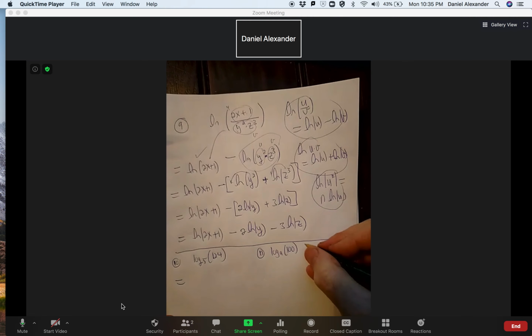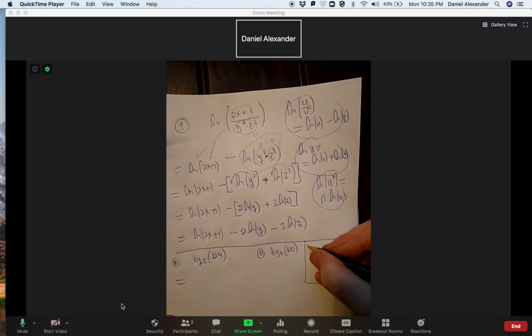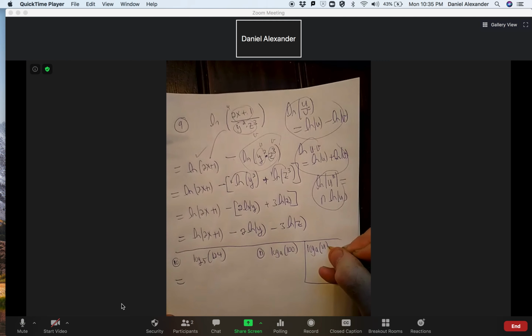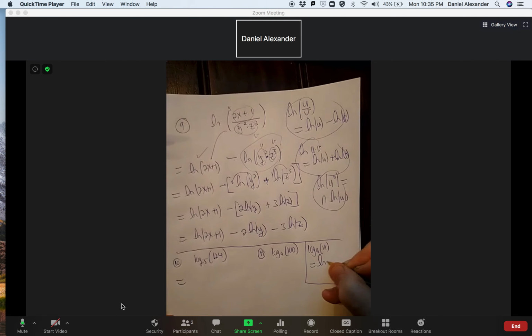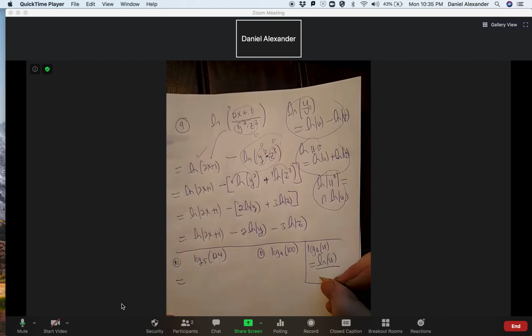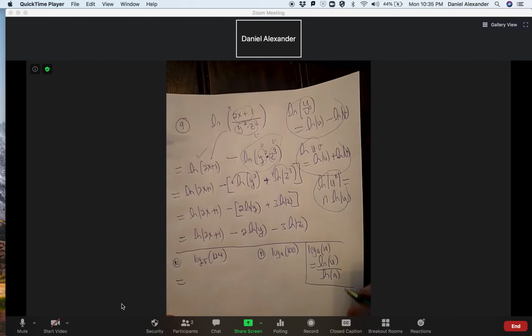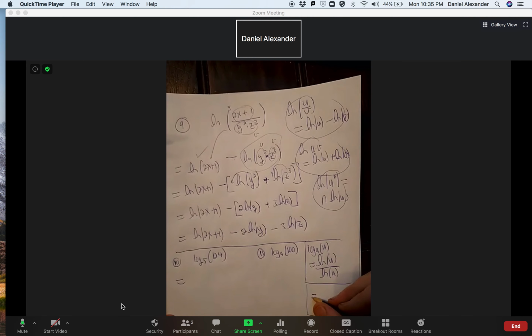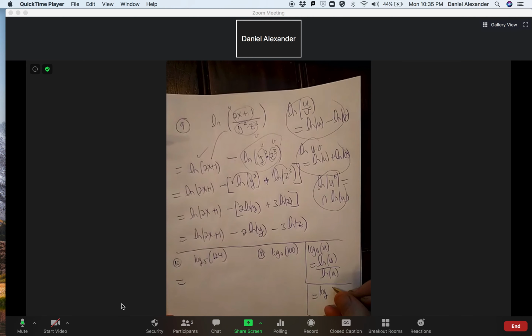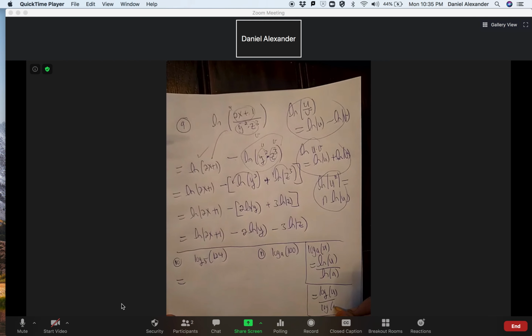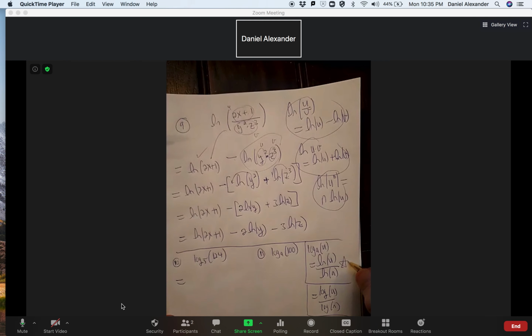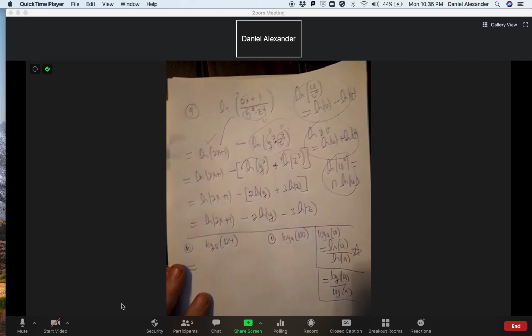And I'm going to use this form here, that the log base a of u is equal to the natural log of u over the natural log of a. Notice I could do this one too, the base 10 log of u over the base 10 log of a, but I want to use this one just to practice the natural log.